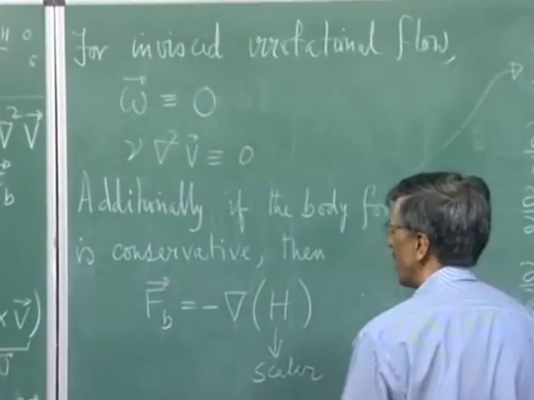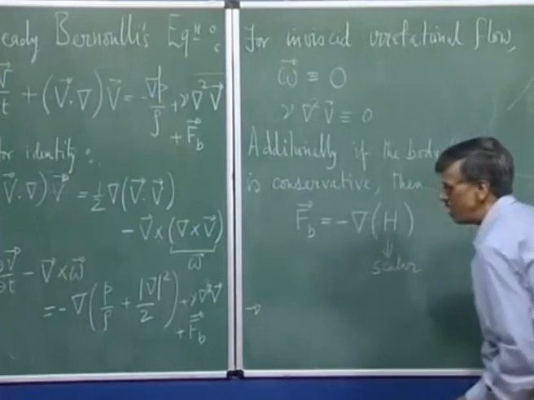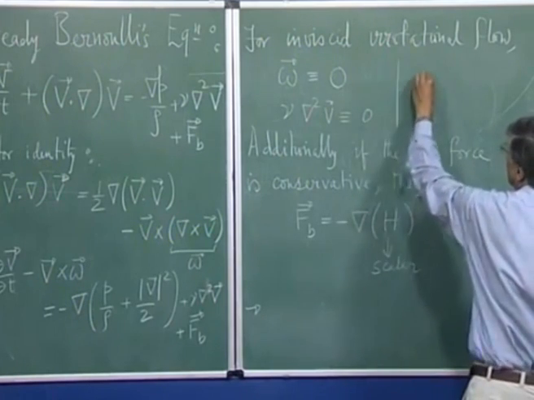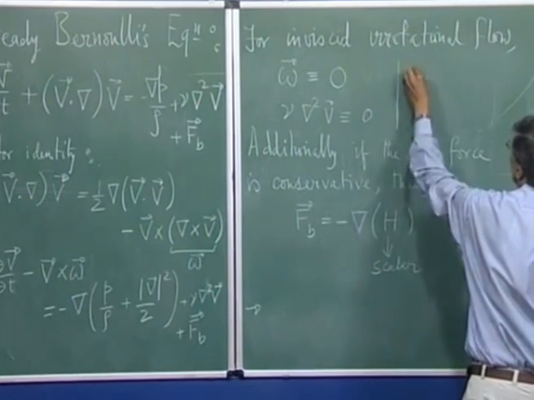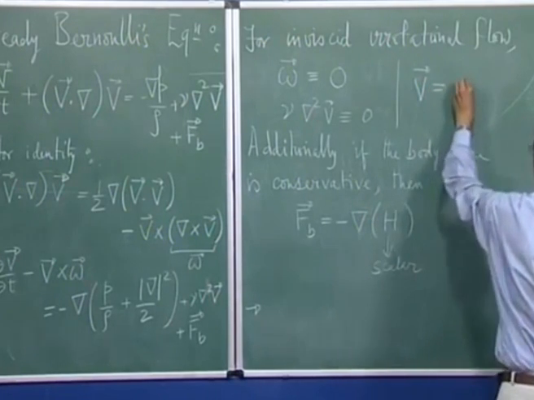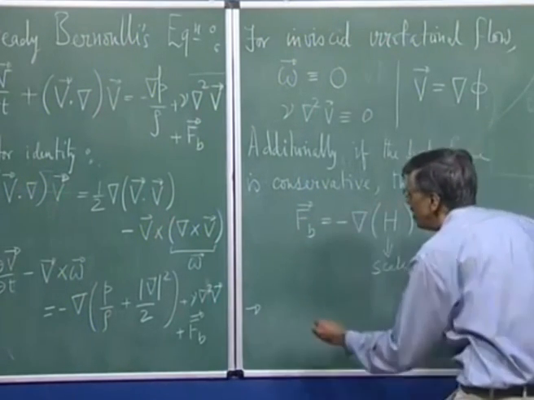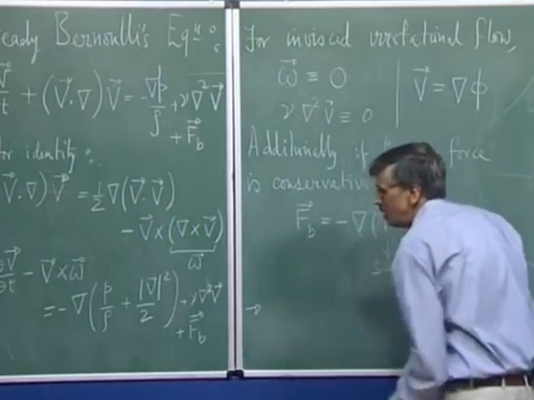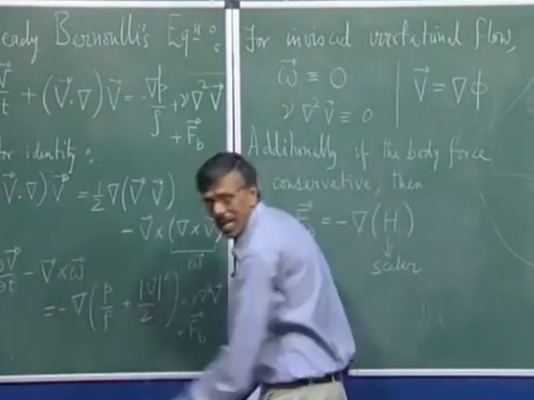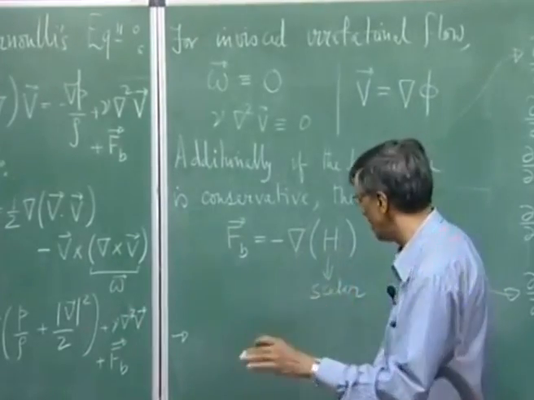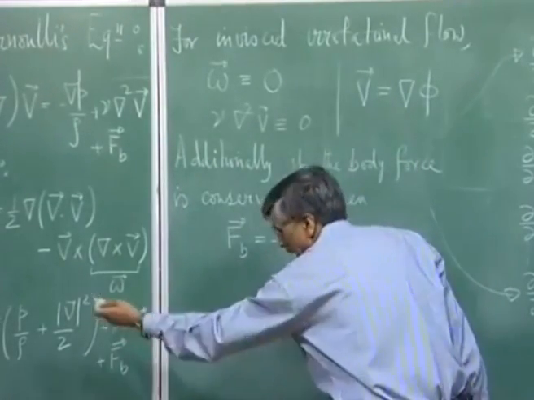Then what do I get from here? You can see that we have this, and because it is irrotational flow, a potential exists. V itself is going to be gradient of phi, right. So, the first term on the left hand side is going to be del t of gradient of phi. I can interchange the time derivative operation with the spatial gradient operation, and I put it on this side.